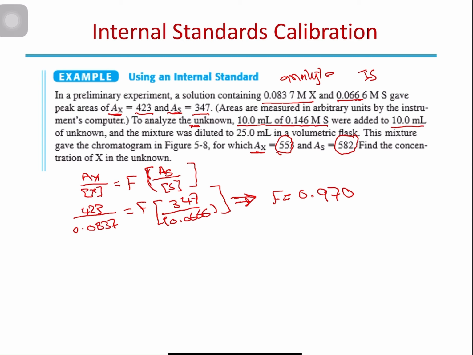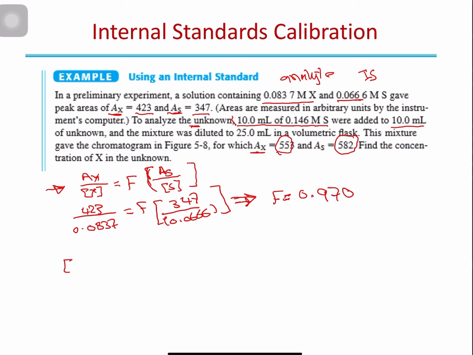So in the second step, we said we took 10 ml of that concentrated 0.146 molar solution of the internal standard, and we diluted that to 25 ml. So the concentration we are going to use in this equation in the second step is not the concentration in the 10 ml, but the final concentration of the standard in the 25 ml.